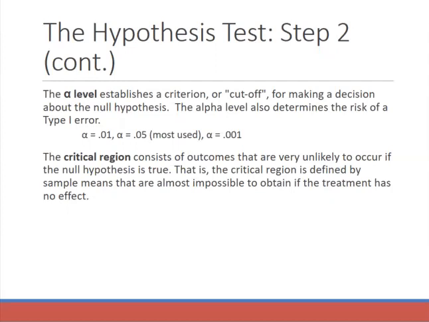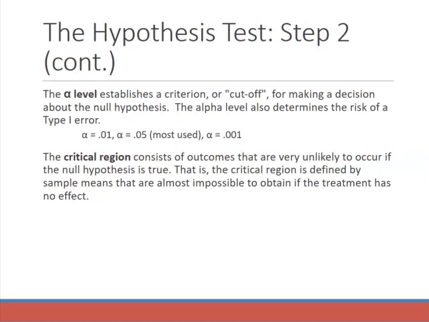It's extremely unlikely that we would get this z-score if the sample came from the same population. So when we have a z-score of plus or minus 1.96, or something falls in the critical region beyond the 0.05 level, we reject the null hypothesis that they're from the same population because it's extremely unlikely.